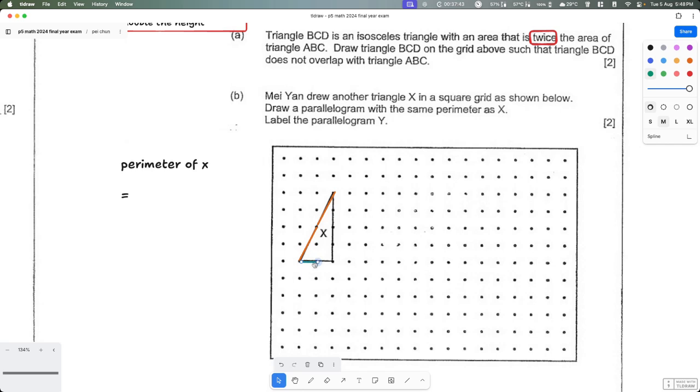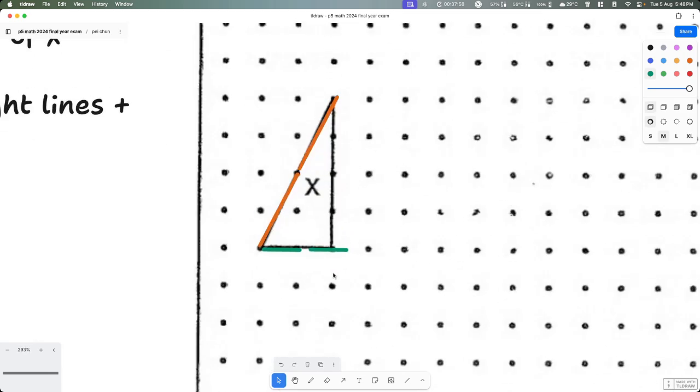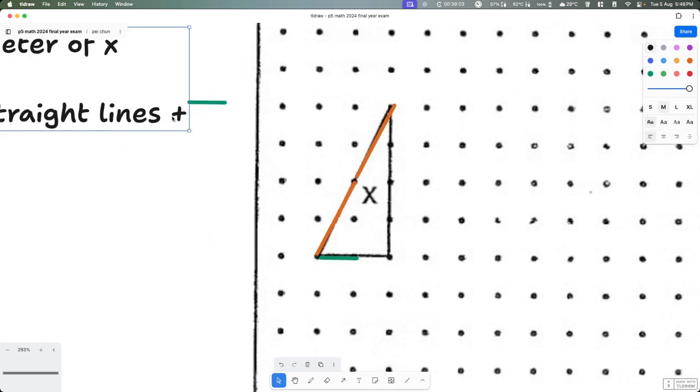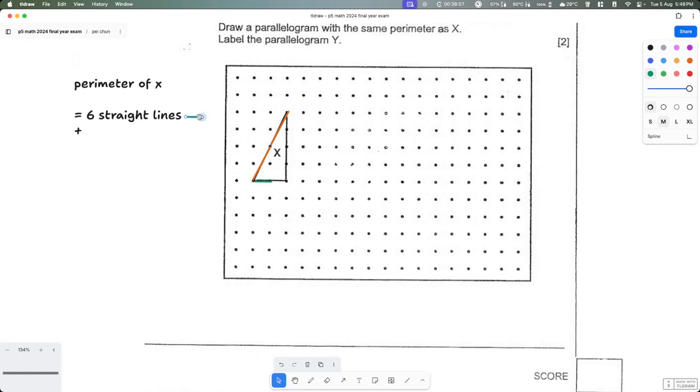So the perimeter of X is 6 straight lines, let me zoom in, 6 straight lines, plus 2 slanted lines.